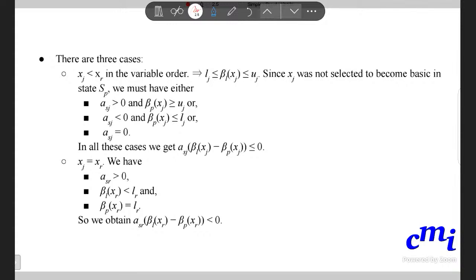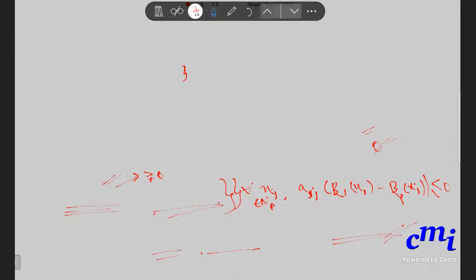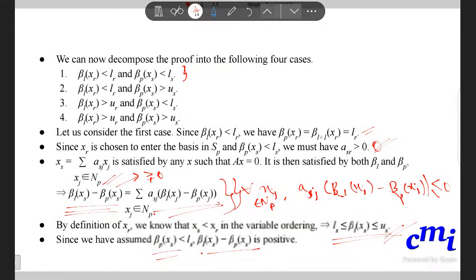If xj is less than xr in the variable ordering, then from the same part, beta L of xj also satisfies its bounds lj and uj.